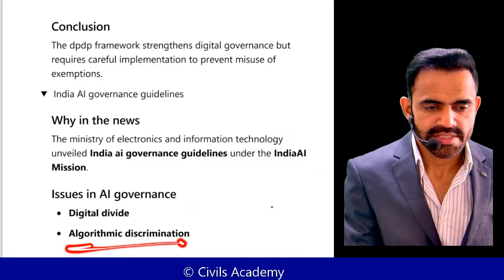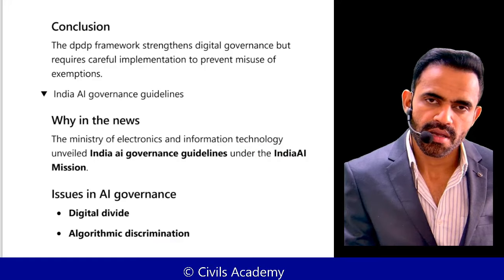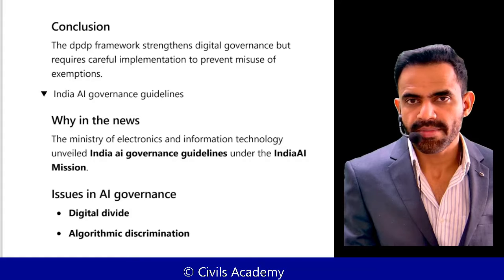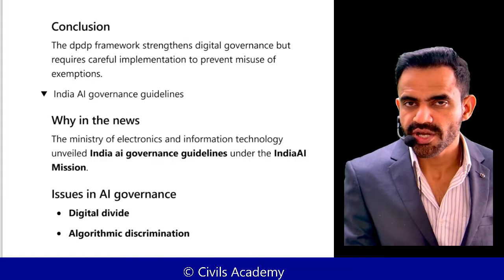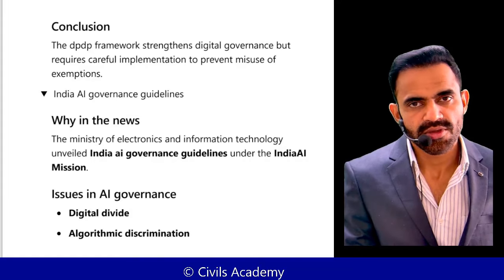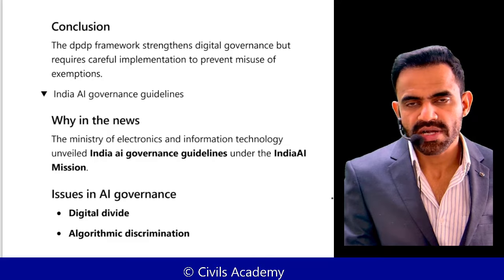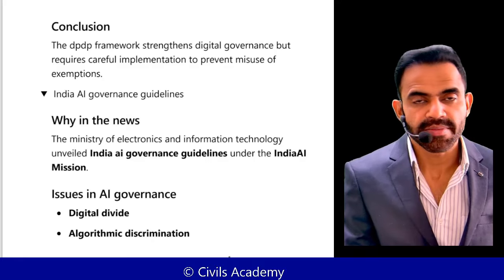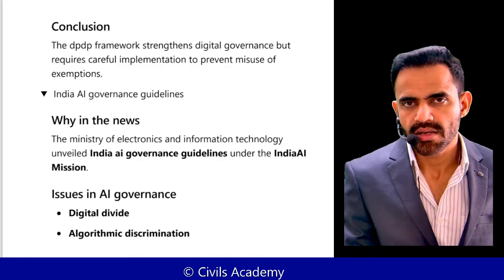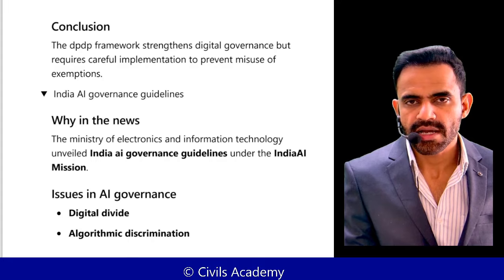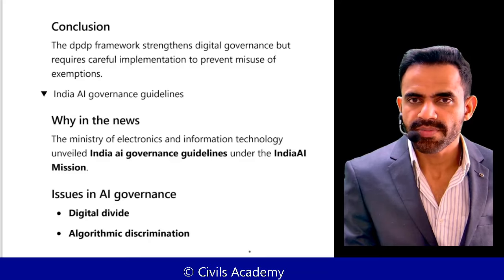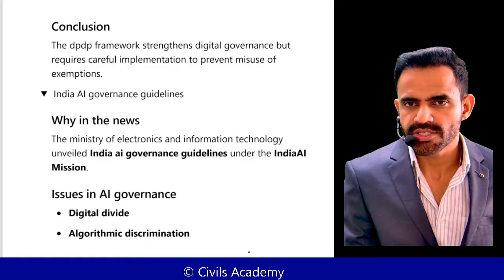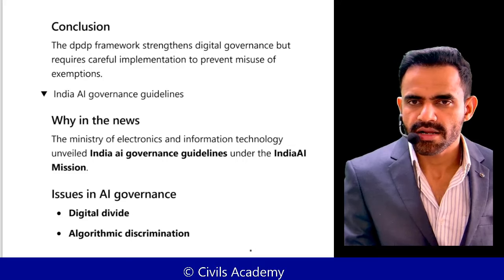Second is algorithmic discrimination. In a very simple sense, we are talking about AI, but this AI is being trained by human beings only. We all have biases. So what if that bias is reflected in the AI itself? Let me give you a very simple example. We all feel that people of our state or our caste or our religion are kind of superior.